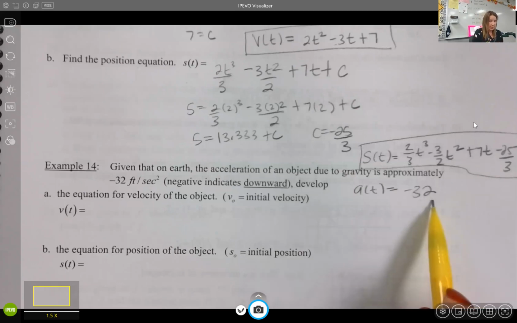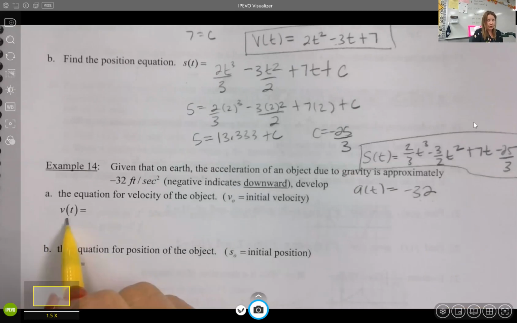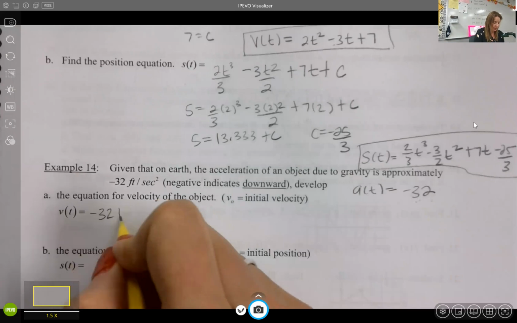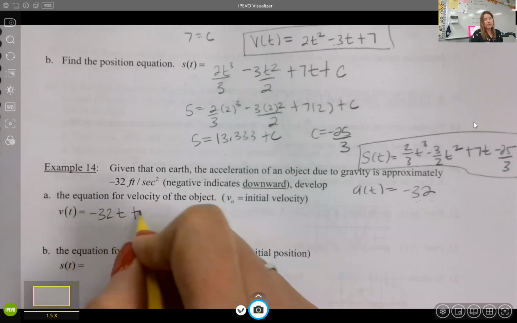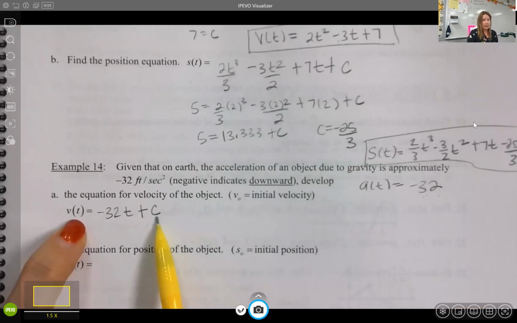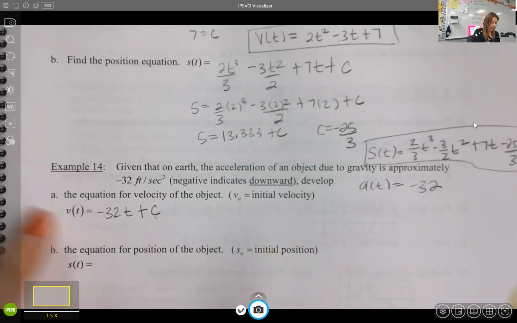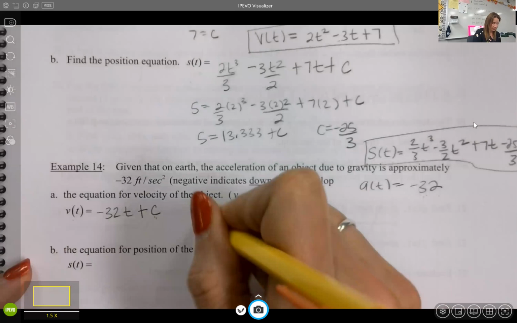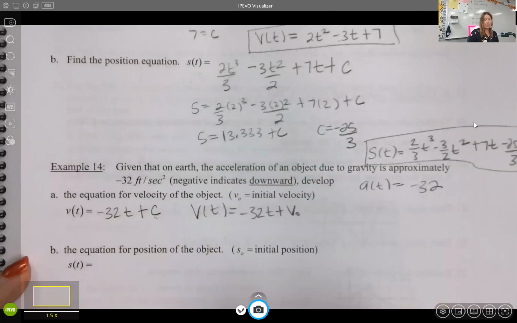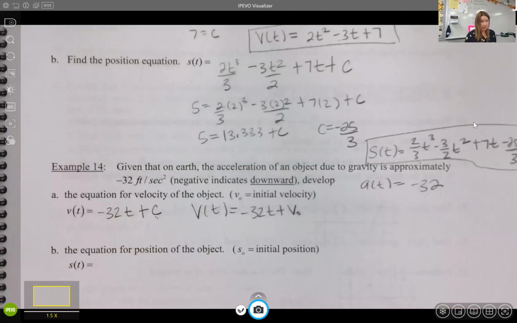If I take the velocity equation, I'm doing the integral of acceleration. So negative 32t plus c, right? So c represents, in my velocity equation, my initial velocity. We call that v0. So instead of c, we write negative 32t plus v0, and that just means my initial velocity. Okay, are you seeing where this is going?